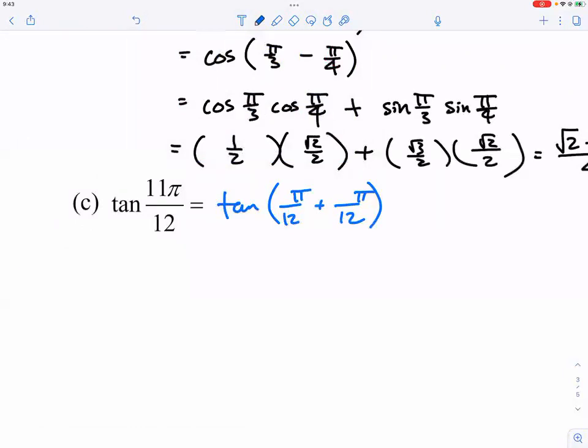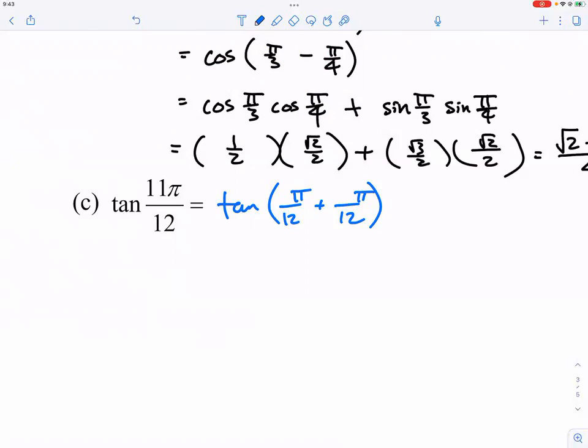Any suggestion of what should be added here to get you 11? Well, you have to have an odd number, right? 6 and 5. That's a good suggestion, but that's a problem. The problem is 5 cannot reduce with the 12th. So you can't really do 5 pi over 12 with those unit circle values.